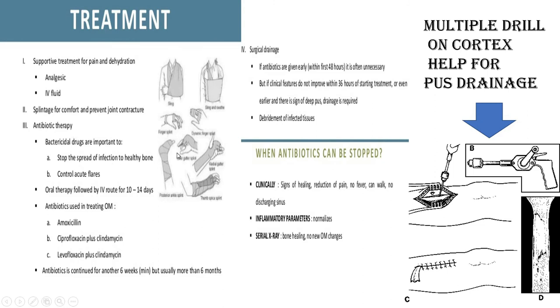Now, antibiotic, and we must send the drainage material for both Gram staining and TB. Along with that, we must send a biopsy from the bone to exclude the chance of Ewing's sarcoma.